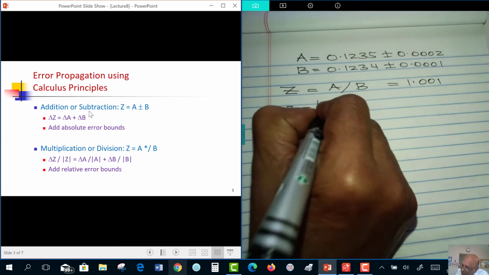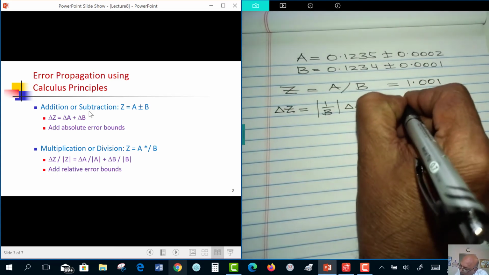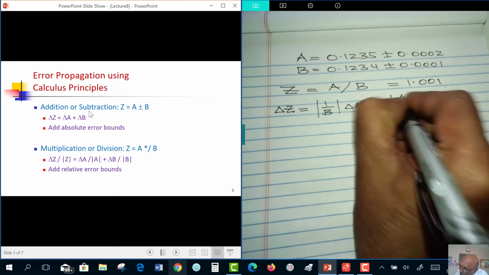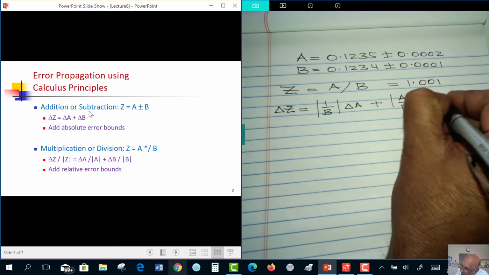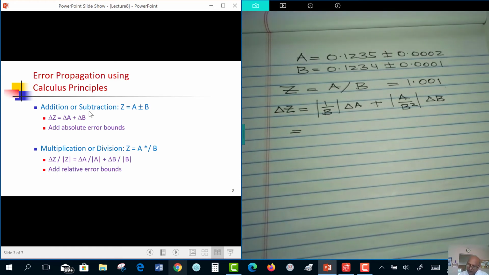All right, let's calculate delta Z. So it was 1 over B delta A plus A over B squared, I've thrown out the negative sign, delta B. So we have 1 divided by 0.1234 times 0.0002 plus 0.1235 divided by 0.1234 squared times 0.0001.